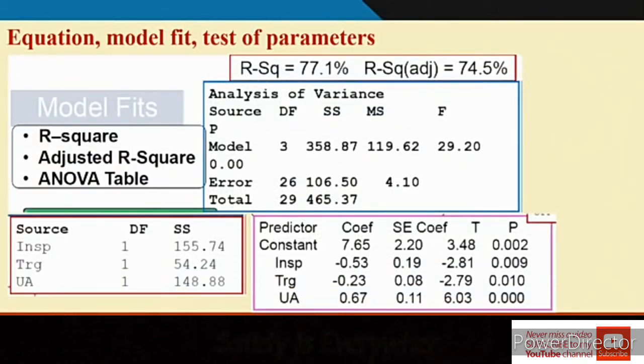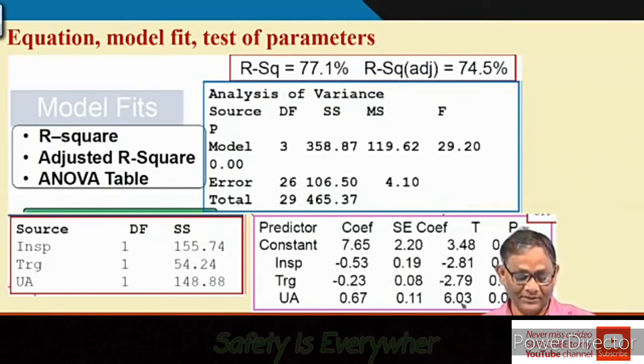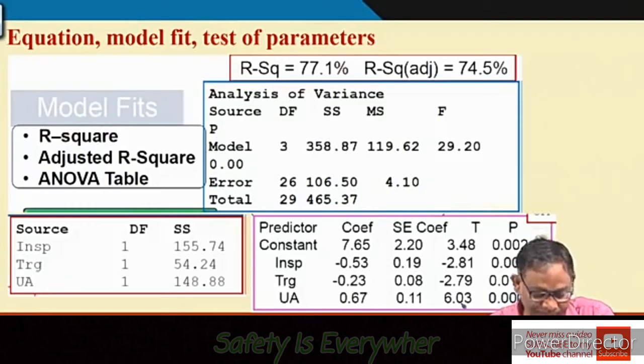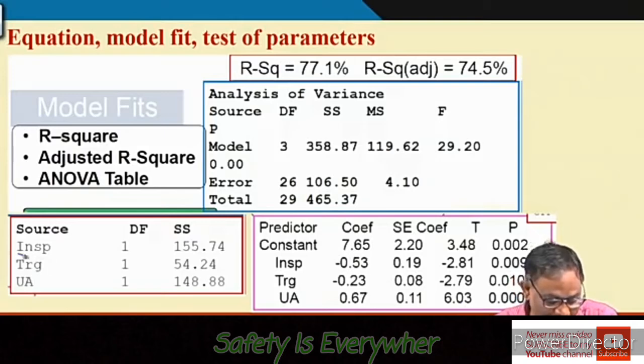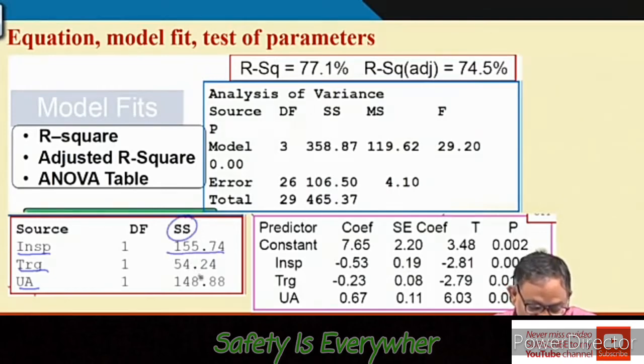So, for our data, what is the issue here? The dependent variable is NOIM, and the independent variables are inspection, training and unsafe acts. Their contribution in terms of sum of squares is given here, and their degrees of freedom are also given there.